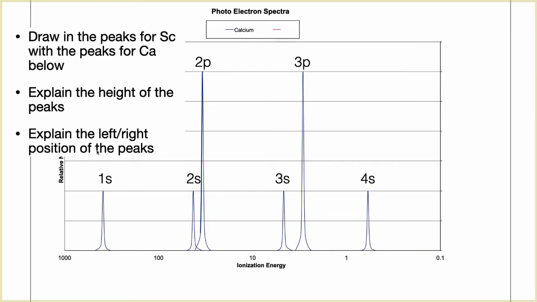So the 3D would be to the left of that 4S. Would the 3D be closer to the 3P and the 4S? Actually, surprisingly, no. What happens is, as we get these other sublevels, they're closer to the next energy level than what we were seeing with the second and the third.